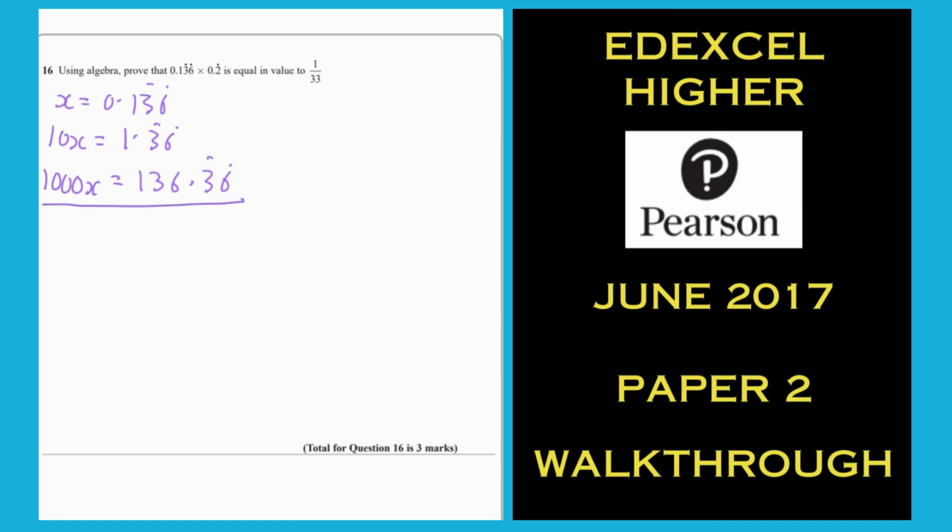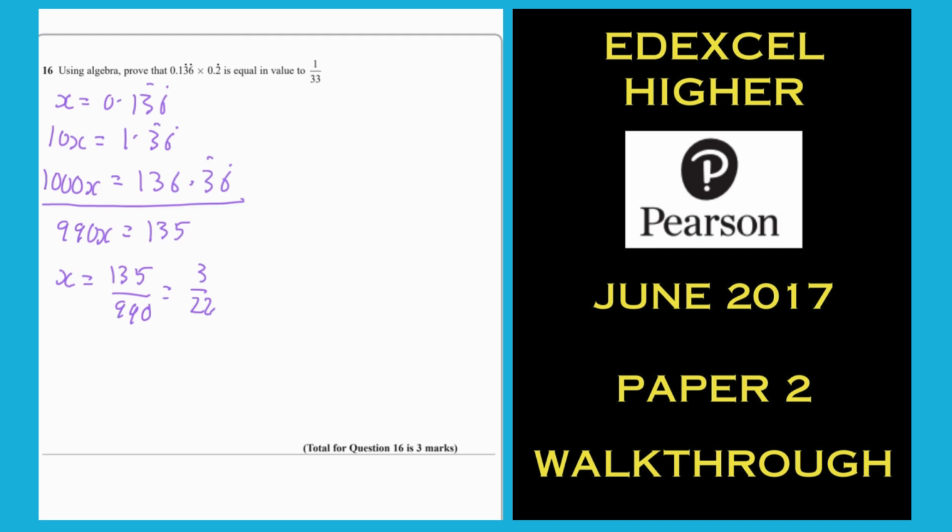Now we do a big takeaway. So we get 990x is 136, take away 1. The recurrings cancel. And obviously this is where your calculator helps out, because that simplifies to 3 over 22.